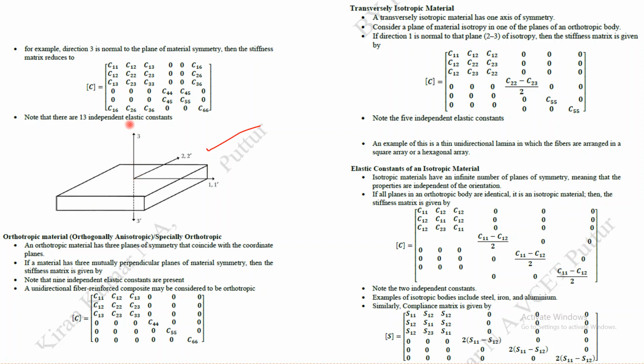Whatever stresses or strains are developed in direction 3 are the same in the other third direction also. So if you go for this, a few terms are going to reduce to 0.